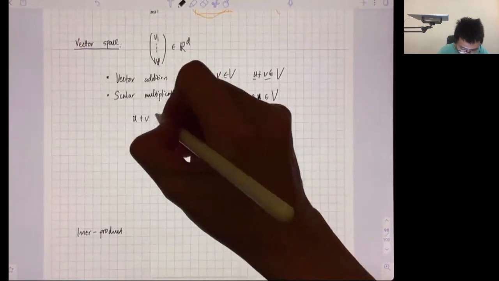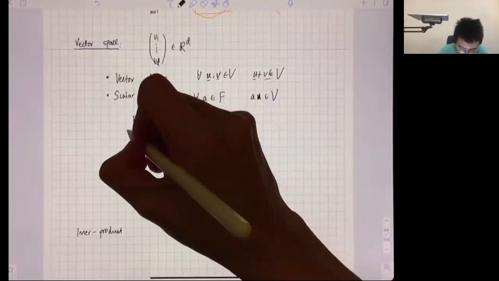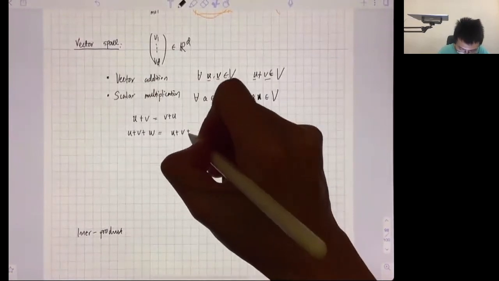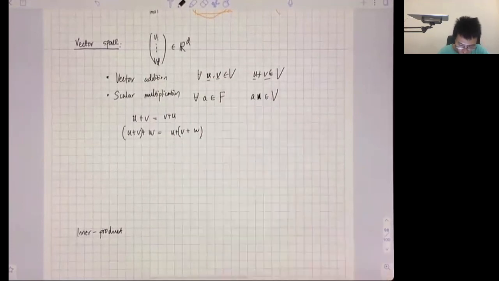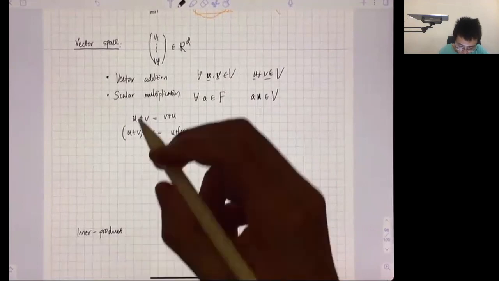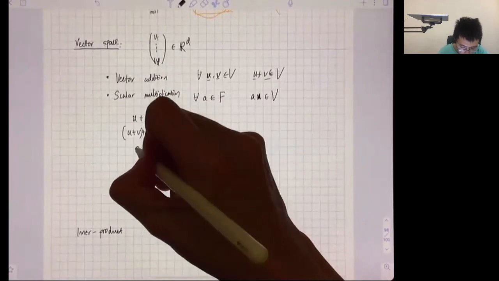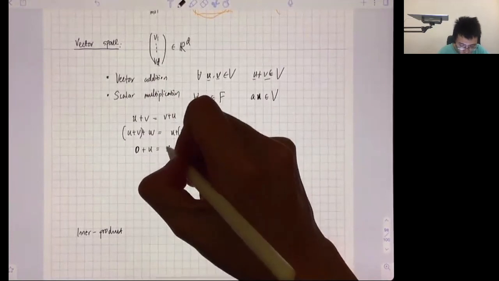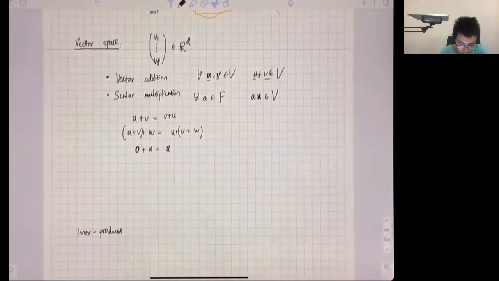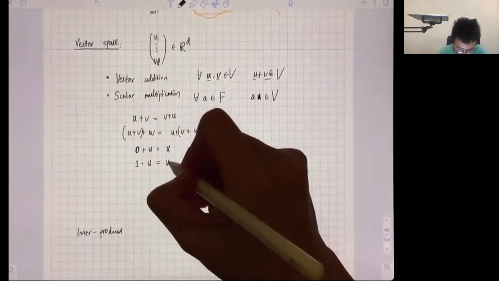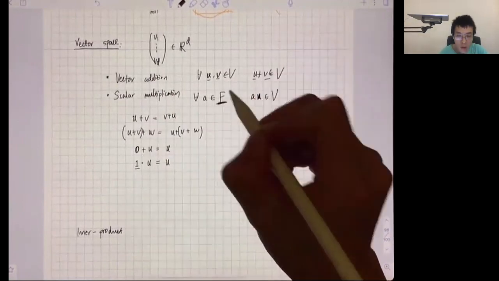For example, u plus v is v plus u for any u, v, and u plus v plus w is the same as u plus v plus w under different associations. And also you have the zero element, the identity for addition, 0 plus u equals u, for any u. And also you have the identity for scalar multiplication, so 1 times u is just u, okay? This one is just the scalar one in your field.